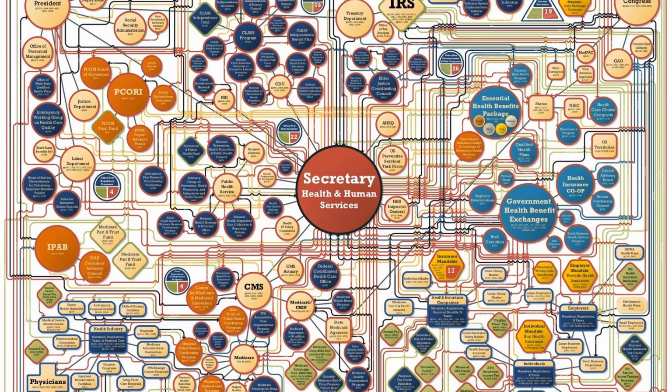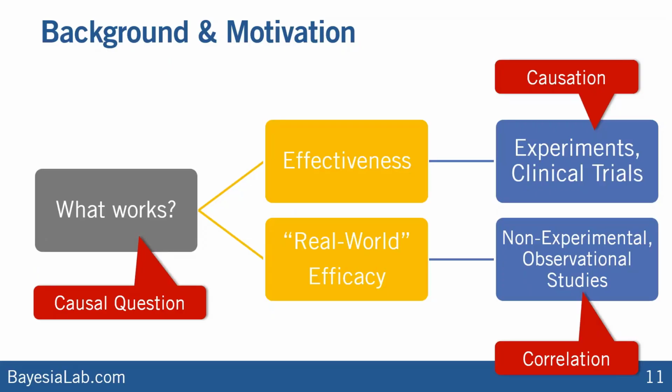Taking a quick look at this somewhat provocative diagram of how Obamacare works, figuring out what works is not very obvious. But interestingly, complexity is not the problem in terms of understanding what works. Much rather, what we need to realize is that what works is a causal question. And it breaks down into two separate issues. The first one is effectiveness, and the second one is real-world efficacy.